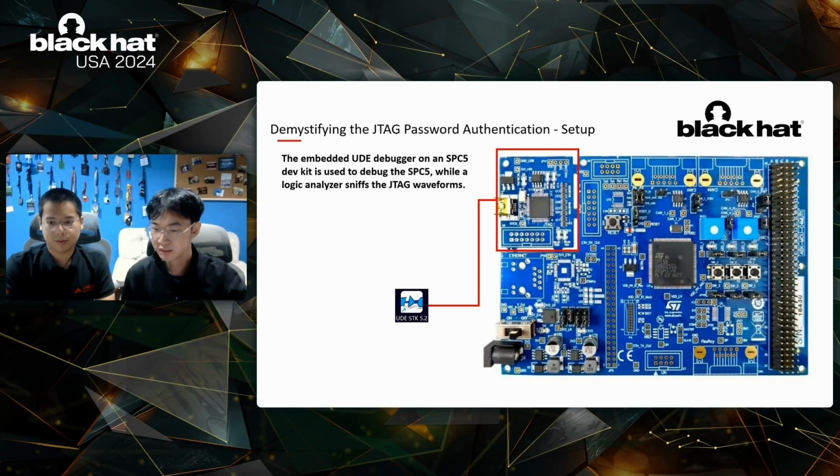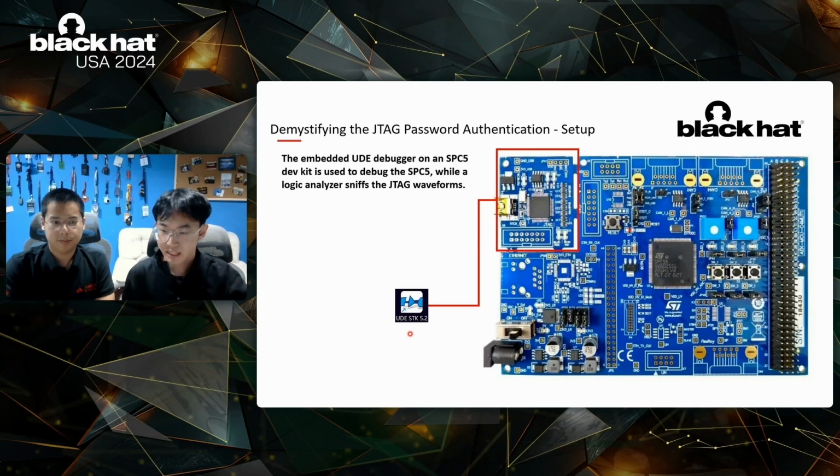Instead, we bought an SPC5 development kit to demonstrate the process. The development kit is the SPC58EC80E from ST, and it comes with the official JTAG debugger, the UDE STK. For the SPC5 series, this includes the software and the hardware for debugging, reading and flashing firmware.